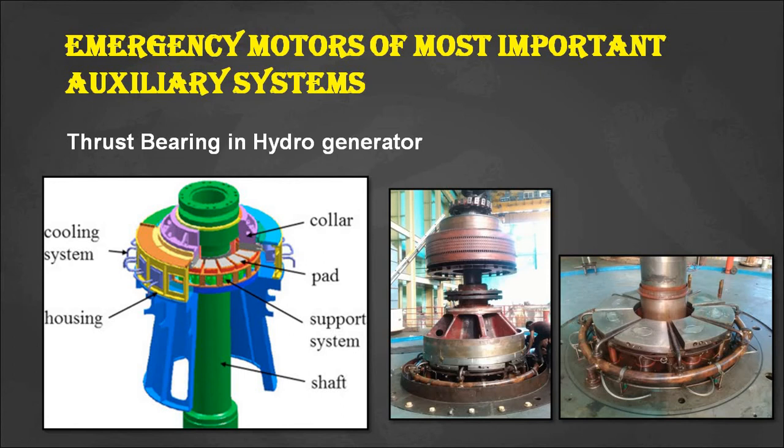Those motors must be DC motors, which have to circulate the oil through the thrust bearing whenever the unit is running. That's why we need a continuous supply for those thrust bearing motors, the thrust bearing pumps. Those pumps will get the 220 volt supply as an emergency supply, and that will continuously cool the oil present at the thrust bearing pads.